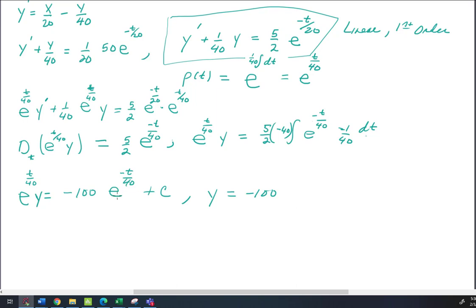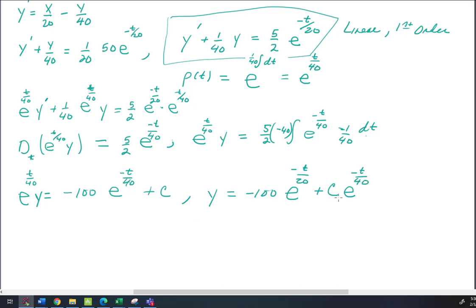This would be e to the negative t over 40 over e to the t over 40, which would be e to the negative 2t over 40, which is e to the negative t over 20, and then plus c, and I'd be dividing by e to the t over 40, so that would give me a negative t over 40 if I write it in the numerator.